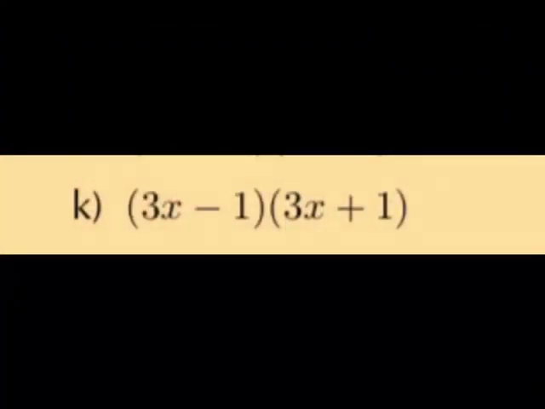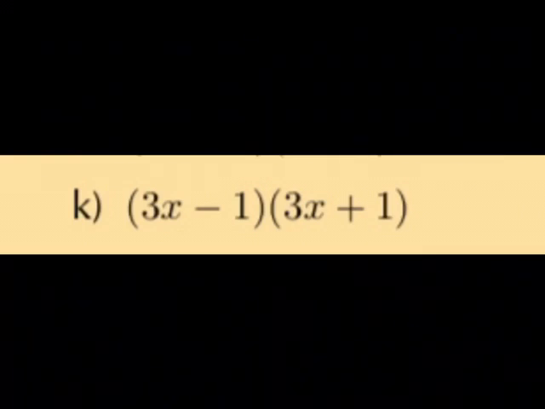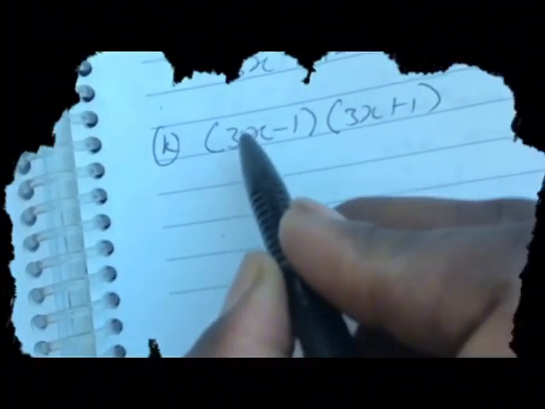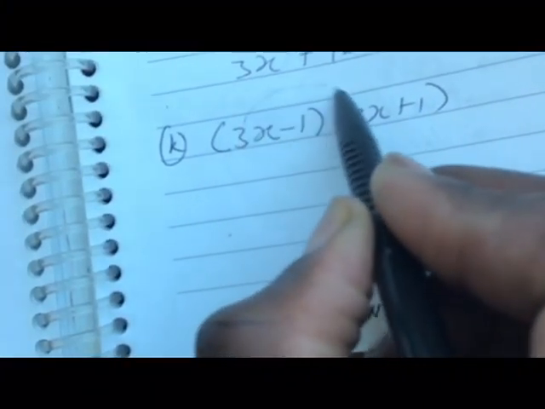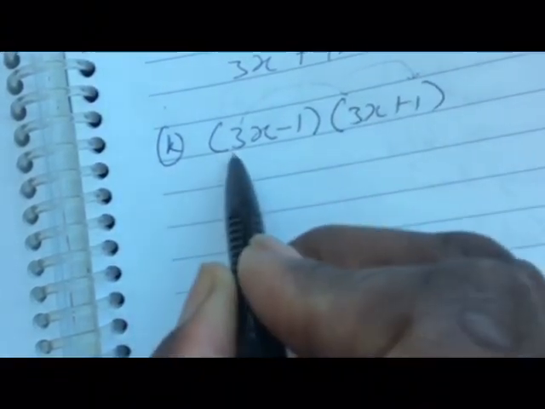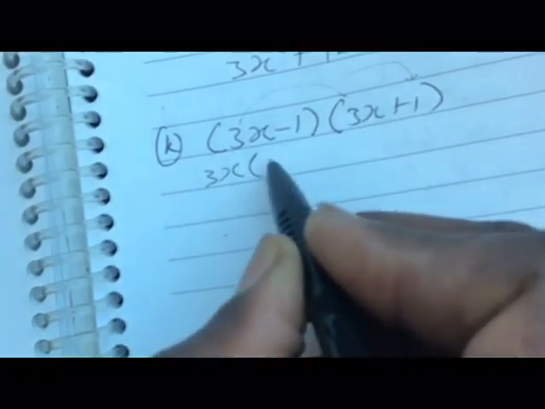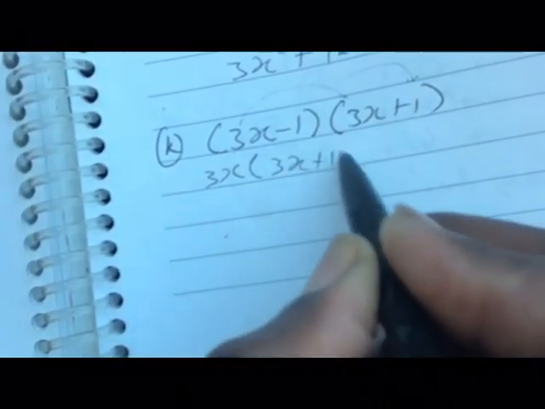Exercise K: (3x minus 1) multiplied by (3x plus 1). Use the 3x to open the next bracket and also the plus 1. 3x into bracket 3x plus 1.